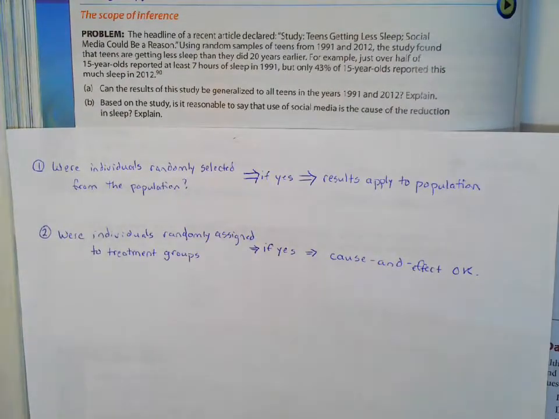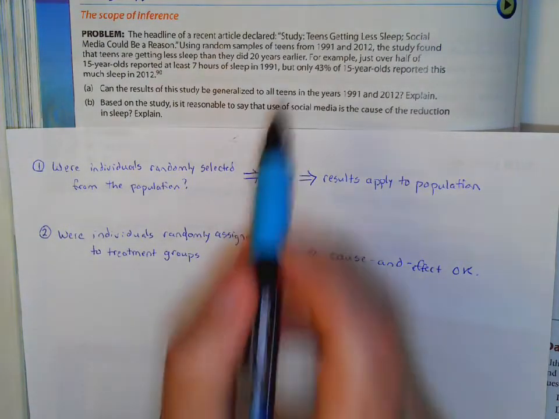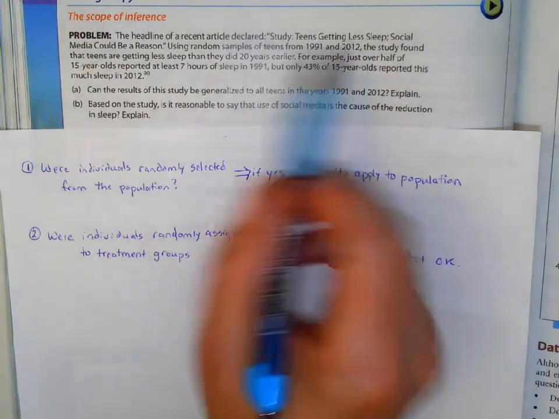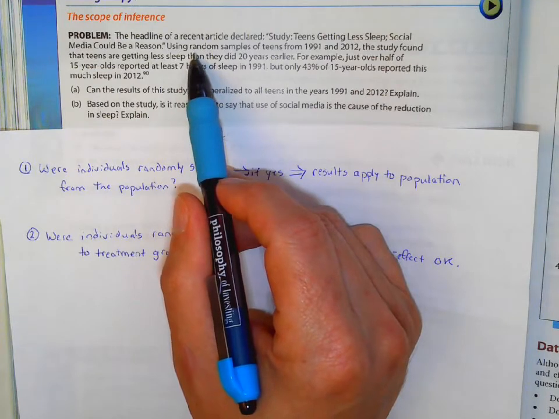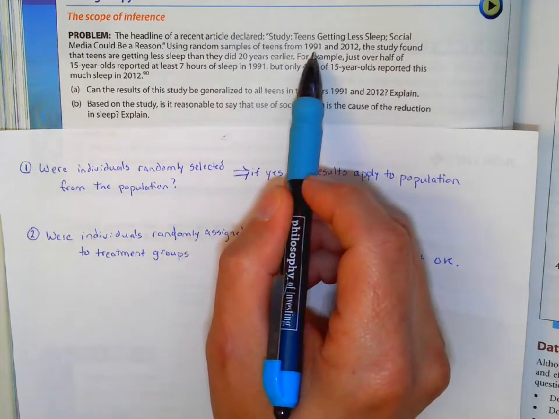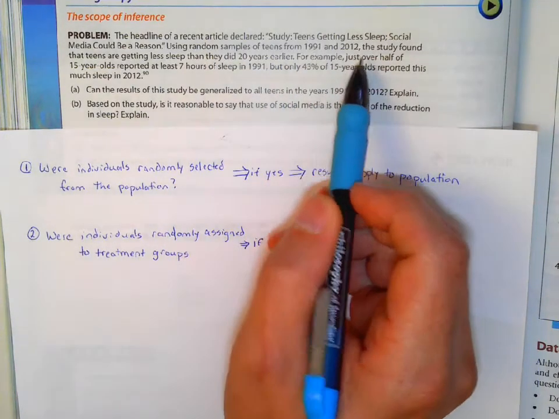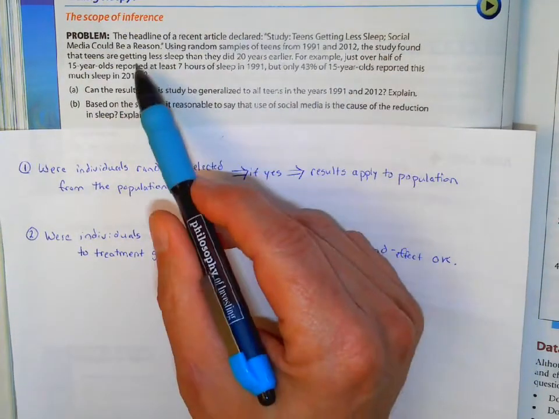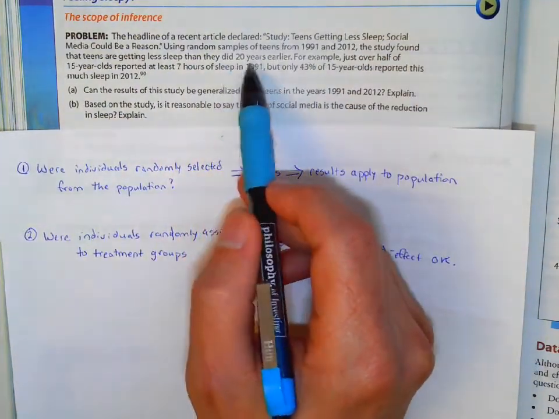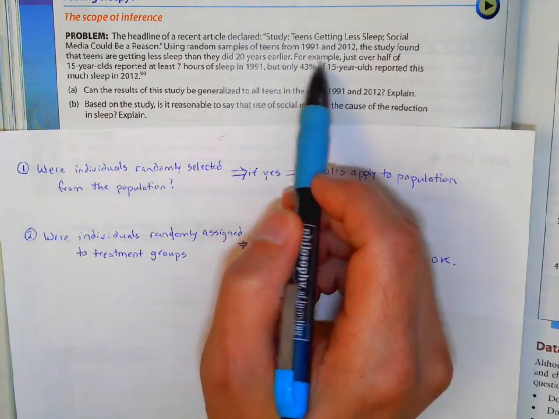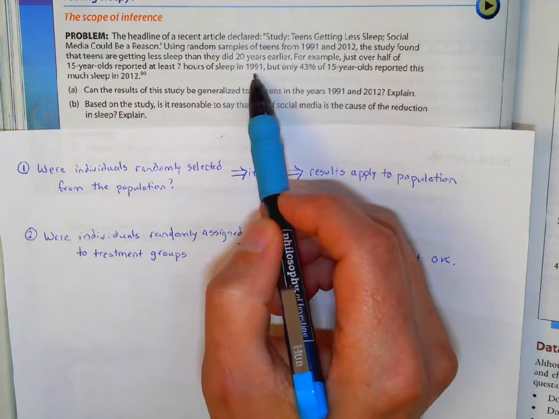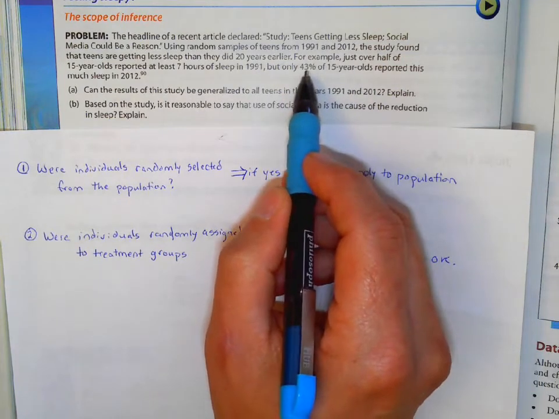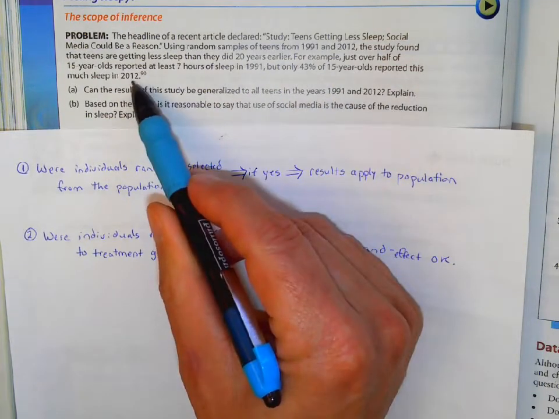There's a recent study. It says, study: teens getting less sleep, social media could be the reason. Using random samples of teens from 1991 to 2012, the study found that teens are getting less sleep than they did 20 years earlier. For example, just over half of 15-year-olds reported at least 7 hours of sleep in 1991, but only 43% of 15-year-olds reported this in 2012.